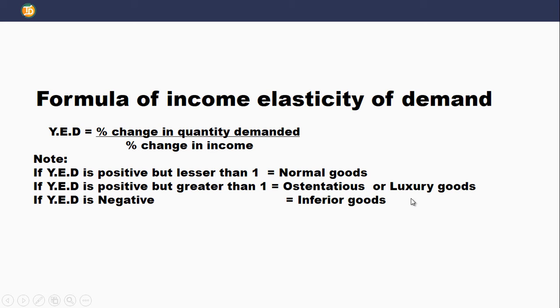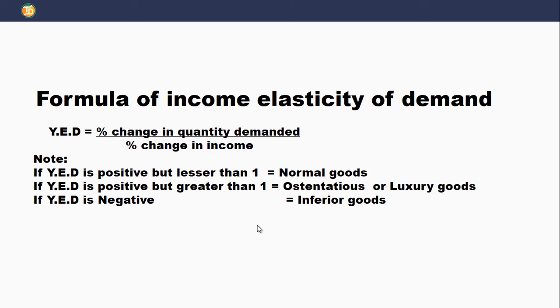I've explained normal goods, ostentatious goods, and luxury good earlier. Then, if income elasticity of demand is negative, it shows that the commodity is an inferior good. So this is how to analyze income elasticity of demand from the coefficient derived from your solving.